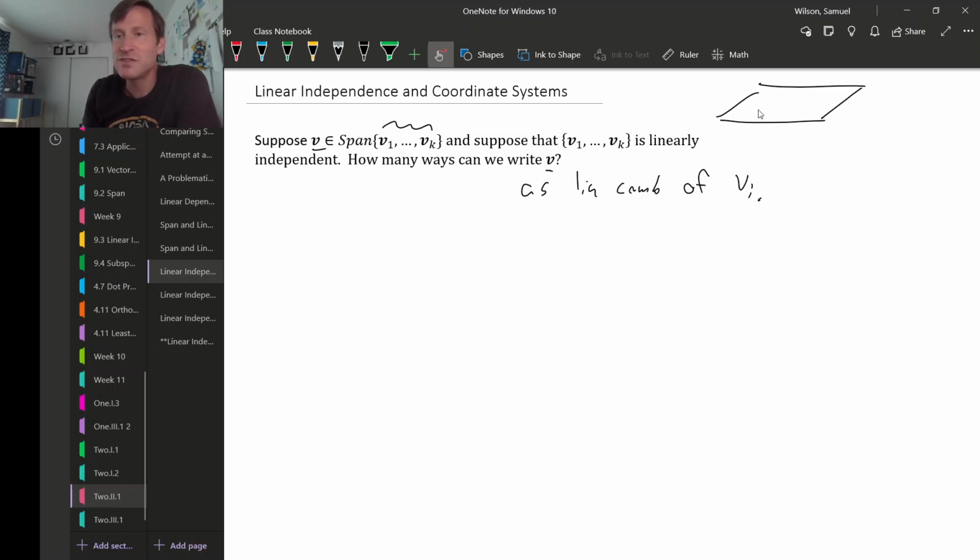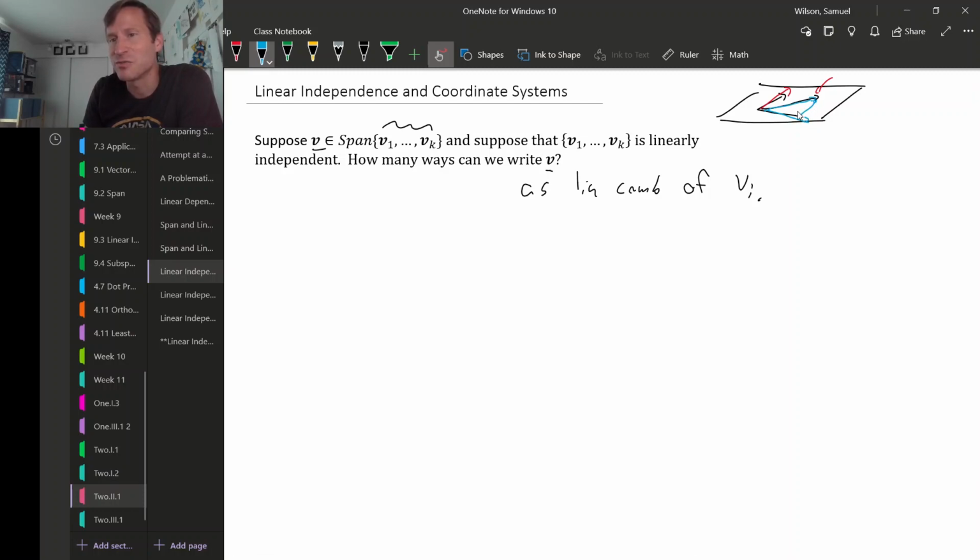If we have two vectors in this plane, we can use these vectors like a coordinate system. If we have any other vector in this plane, we can write this vector as a linear combination of the first two.